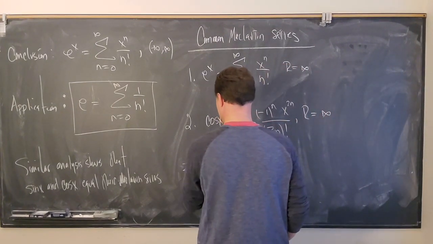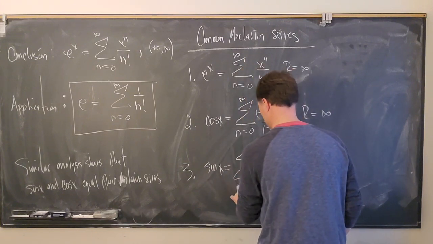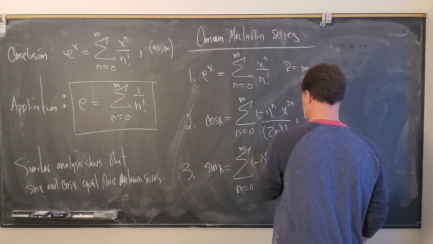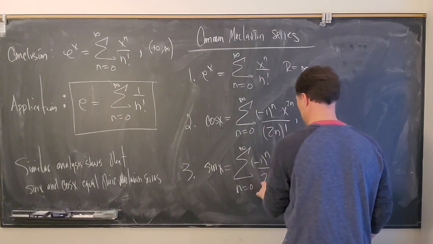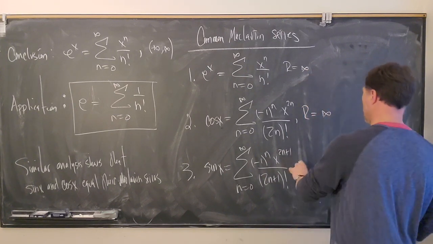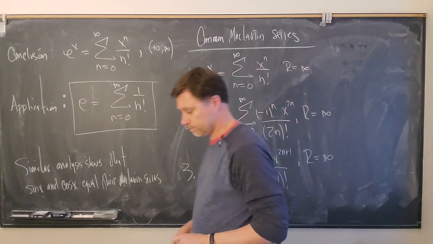Third one, let's do the sine of x. So sine of x equals its Maclaurin series, sum n equals 0 to infinity, minus 1 to the n, x to the 2n plus 1, over 2n plus 1 factorial. Also radius of convergence equal to infinity.